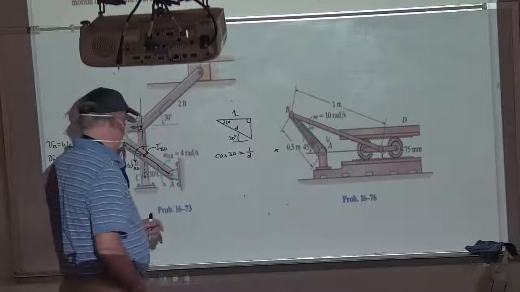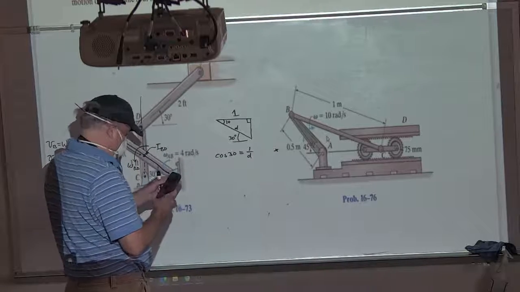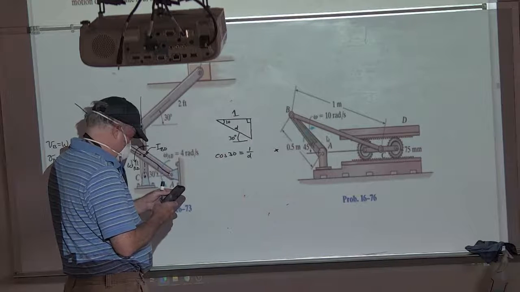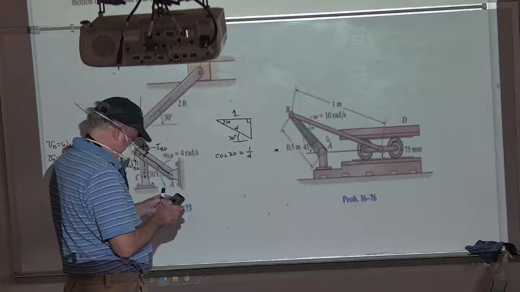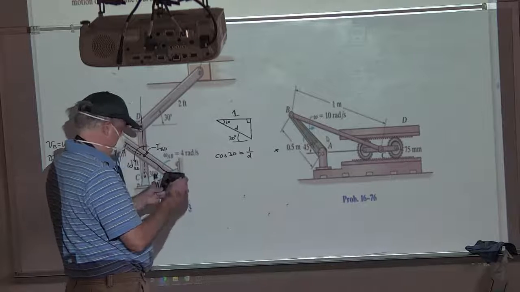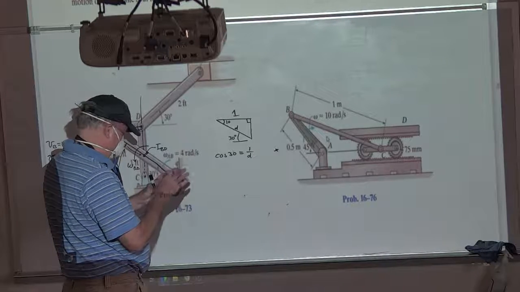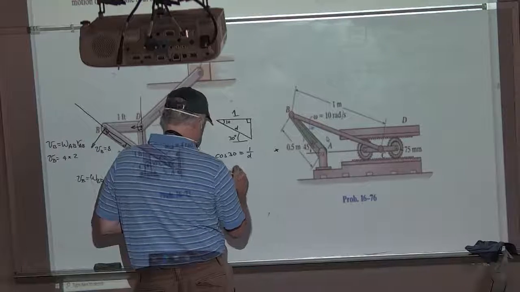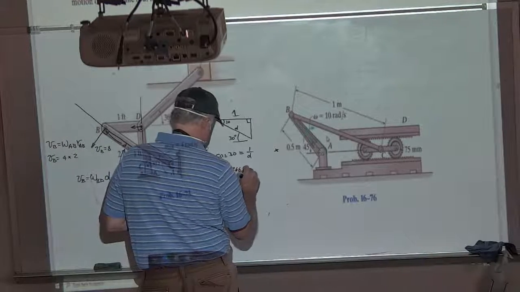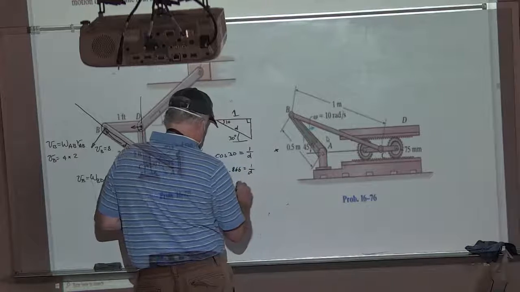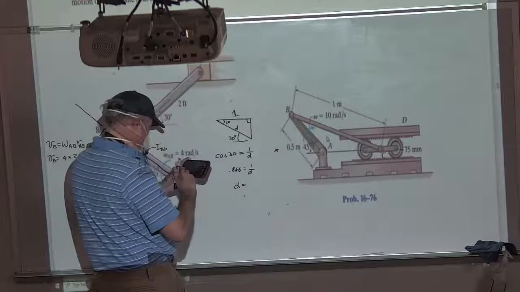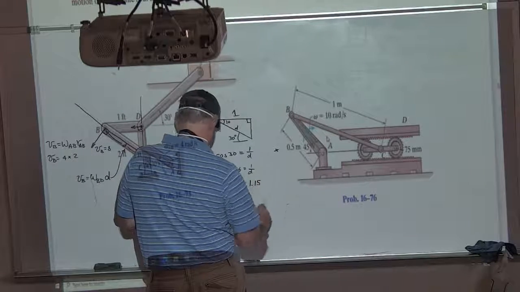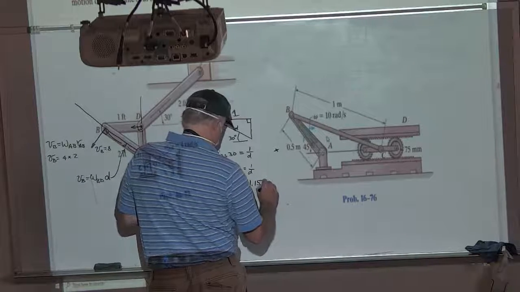And so, I'm not good at this calculator, but I don't have a choice. .866, or D is equal to, I'll flip that, 1.1547.